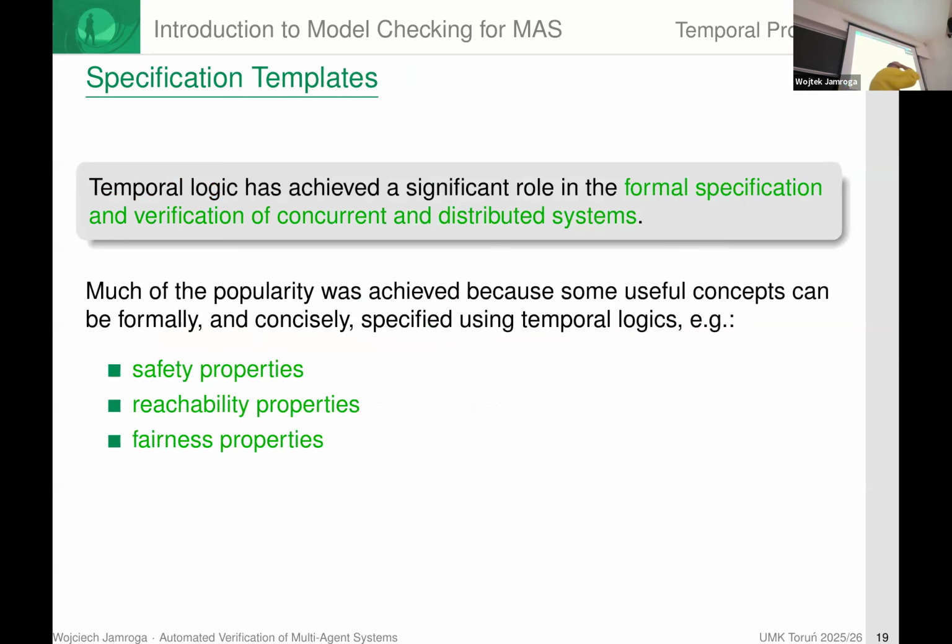And why temporal logic, or how did temporal logic emerge? I think it was defined in the mid-1970s by logicians and linguists.